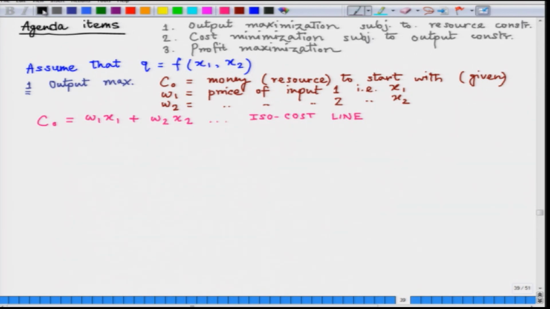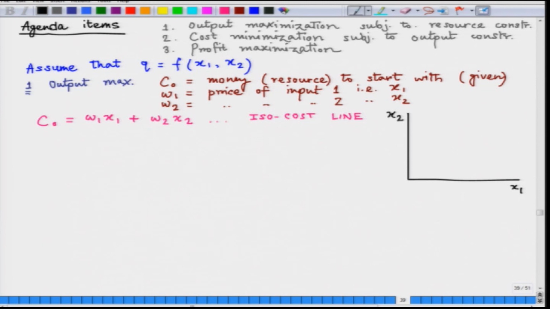So, now let us look at an illustration. We are going to measure our variable inputs x1 and x2 as usual, and now let us have a look at the ISO cost line equation.